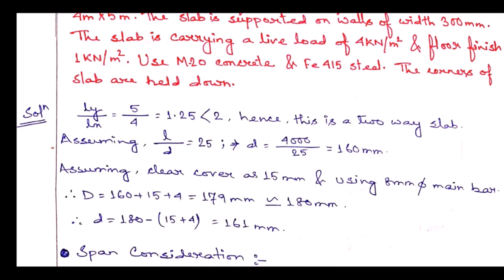So overall depth is 179 mm, or we can say 180 mm. Now effective depth is equal to overall depth 180 minus clear cover plus half dia, that means 15 plus 8 by 2 is 4, that is equal to 161 mm.